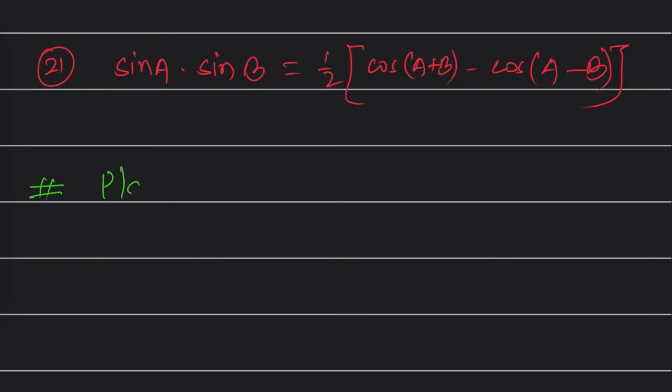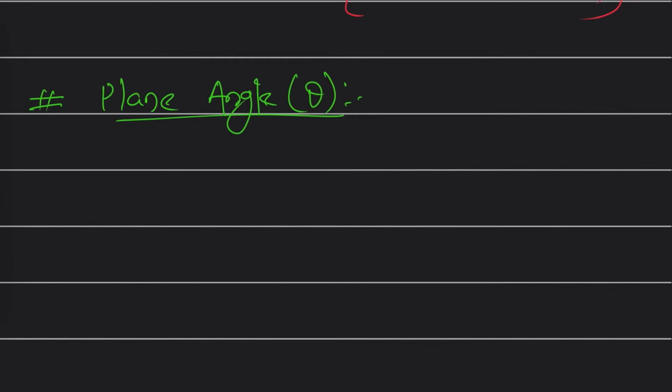What is a plane angle? We generally denote it with theta. We can say it is the angle between two lines or two planes. If I am saying, let's say these are two lines.